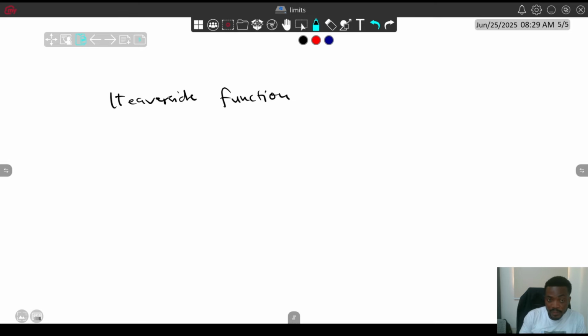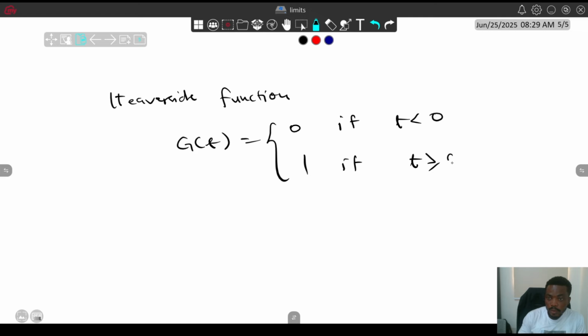I have used the Heaviside function to design an electrical switch, which turns on and off when needed. So let's say the function looks like this: if t is less than 0, and if t is greater than or equal to 0. All right, so a graph of this function will look something like this. Let me say we have this.